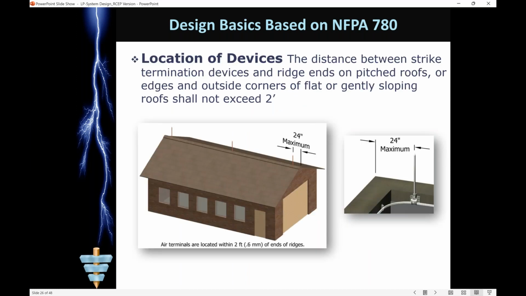Location of the devices or air terminals. Distance between the strike termination devices needs to be 24 inches from the corner, or if you have a gently sloping rooftop, the same principle applies. We want to be within 2 feet of that corner or that ridge top.